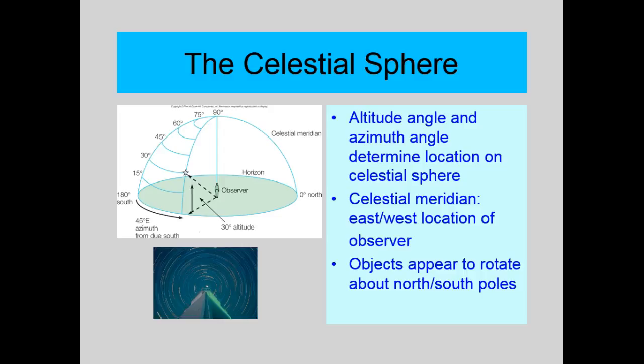Now this is about 90 degrees, okay, 45 would be about there. And then go up 30 from our horizon, that would be a star right up there from due south. That would be its altitude angle, 30 degrees, azimuth angle from due south, 45 degrees east from due south. Okay? 0 would be north. Well, they chose these, but that's usually what you do.